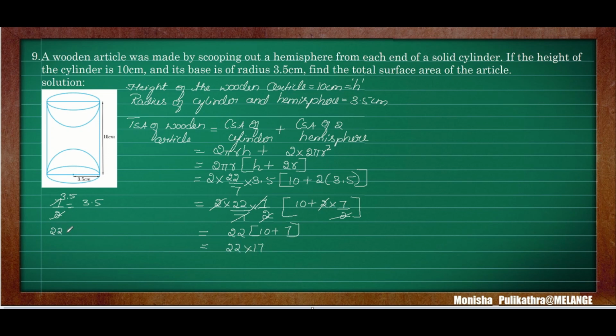Okay, so 22 into 17 is, 17 2s are 34, plus 2, 36. So the answer is, the total surface area of the wooden article is equal to 364 centimeters square. I hope you understood this. If you have any queries or doubts, please comment in the comment section below. Thanks for watching the video.